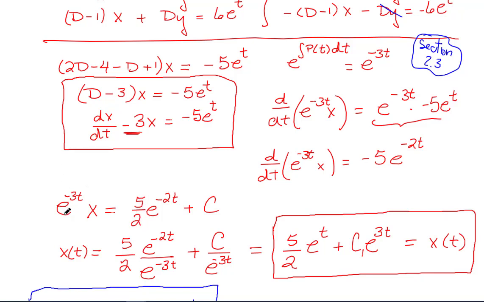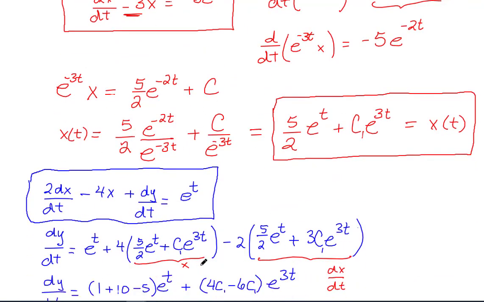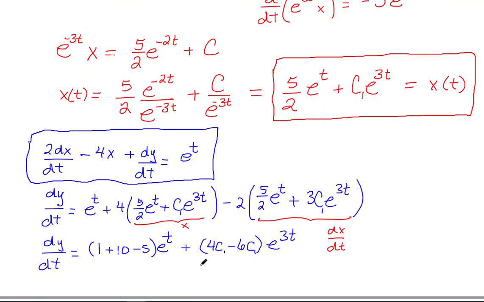And now divide through by e to the minus 3t. All right, and so what I see then is I get minus 2 minus a minus 3, so a positive 1t. And 1 over e to the minus 3t is e to the 3t.